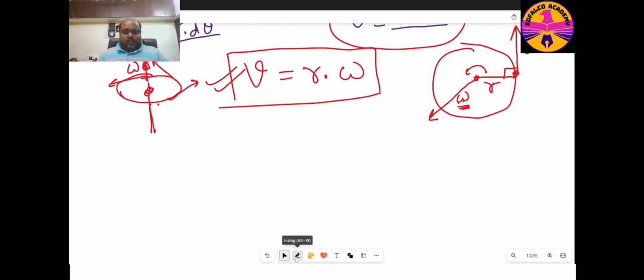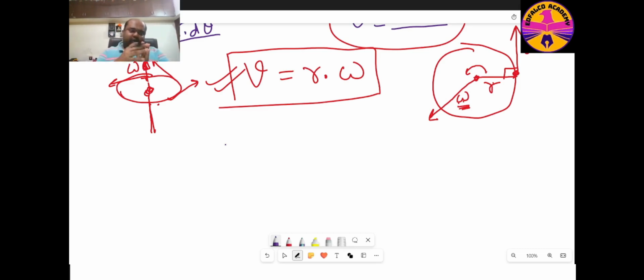Now, another thing that we need to study in this circular motion is that you understand the velocity vector is changing. Although the magnitude of the velocity is constant, its direction is always changing.